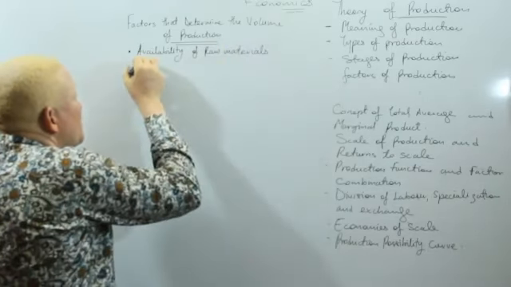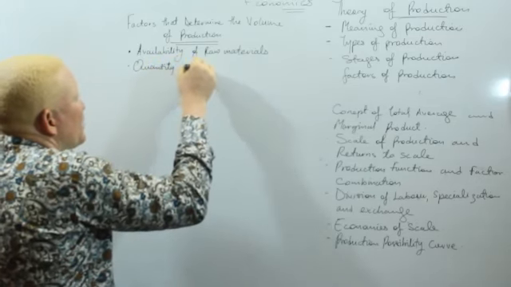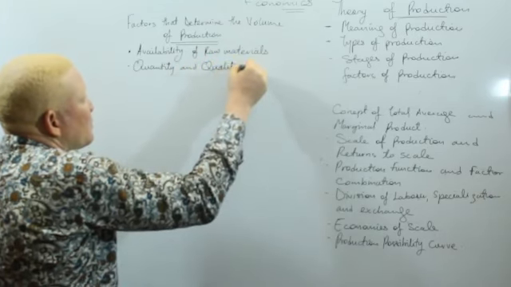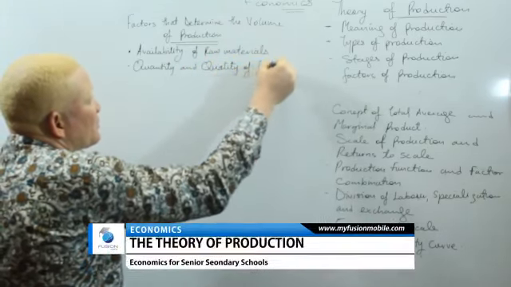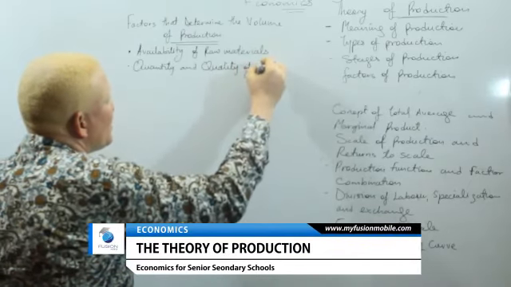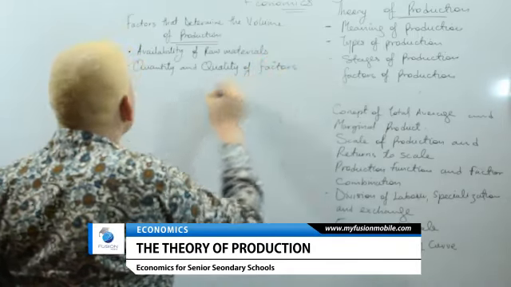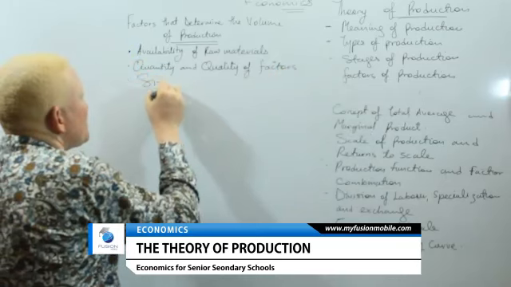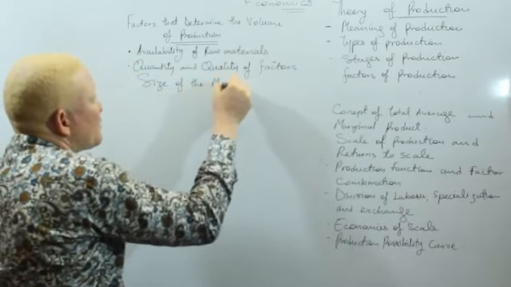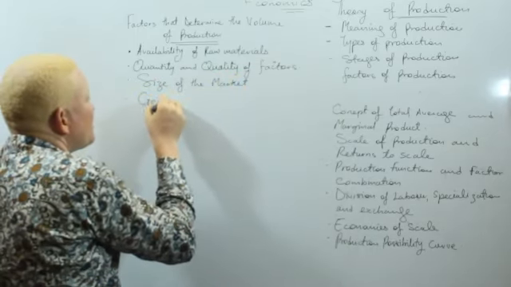Then we talk about quantity and quality of factors. Three, the size of the market. Four, government policy.